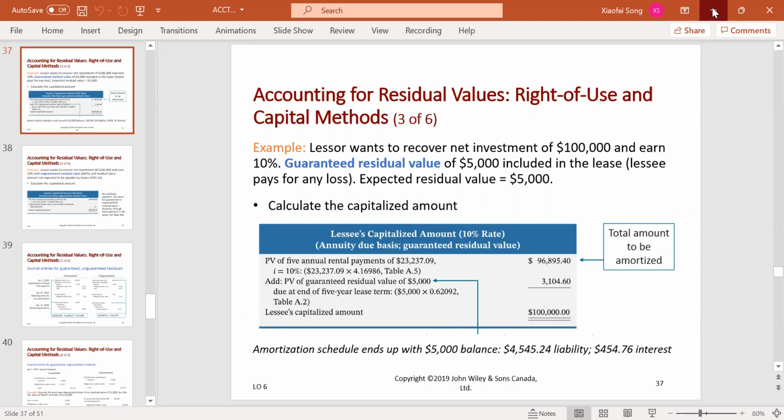And this amount is deducted from the payment made on January 1st, 2021 to determine the reduction of lease liability. So this amount is actually the interest of 2020, and this is the beginning balance of 2020, the liability balance.